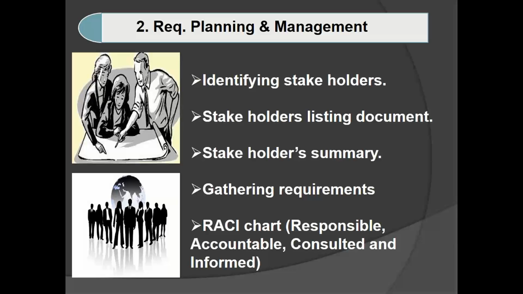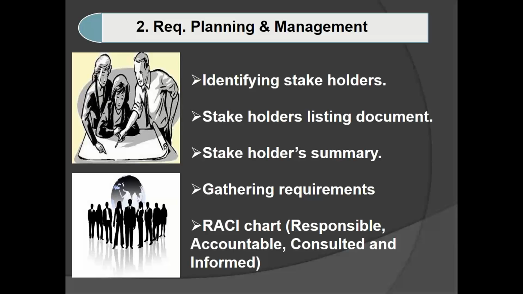Once you get the project, you will identify who are related with it, and then we are going to list them. For example, assume that you have identified 20 stakeholders and you are going to prepare a list in a sequence. You will write all the 20 names and their email IDs and their mobile numbers and their designation. That is nothing but stakeholders listing document.